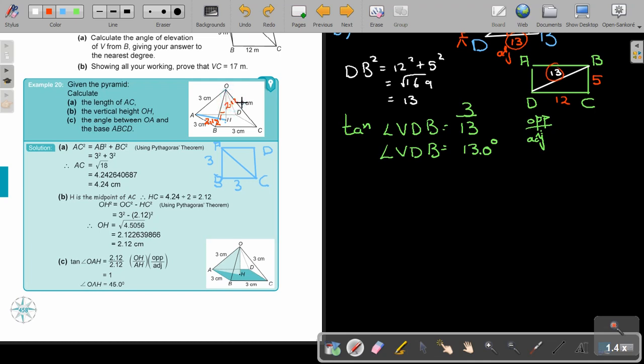And now I'm asking you the angle OA and the base ABC. So it's that angle. So I have, that is actually exactly the same, so 2.12. So it's opposite over adjacent, so if I say tan, it's exactly 45, and there I showed you in the sketch. Okay, it's just a bit confusing with that being the same, but that was just also coming to the square and the height being at a certain height.